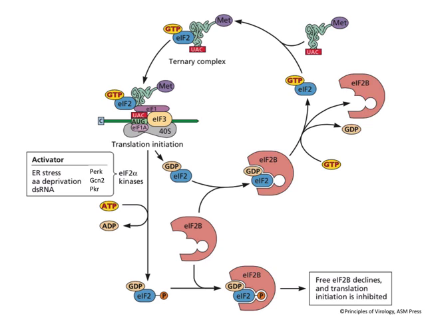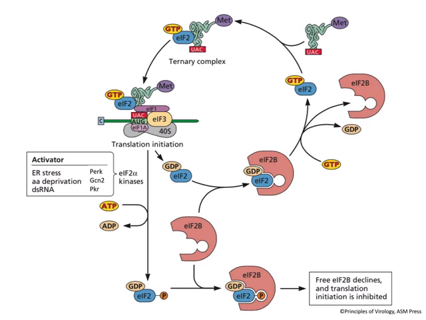And that holds this complex in place while GDP is exchanged for GTP. And then that can bind another initiator tRNA and go through the cycle again. So this recycling of the GDP and GTP is absolutely essential for initiation. If you interfere with that, you stop initiation. So this is a key regulatory point in translation in cells.